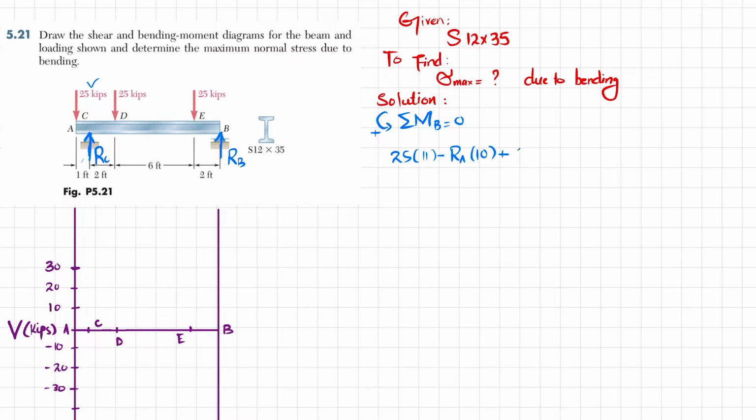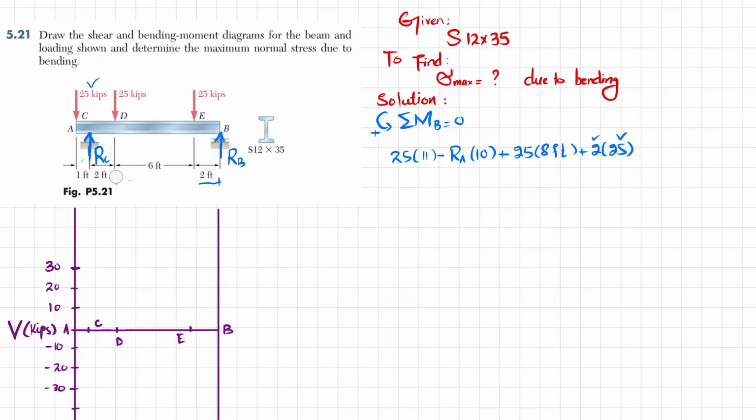Plus 25 into perpendicular distance 8, plus 2 into 25, where 25 is the load and the perpendicular distance is 2.